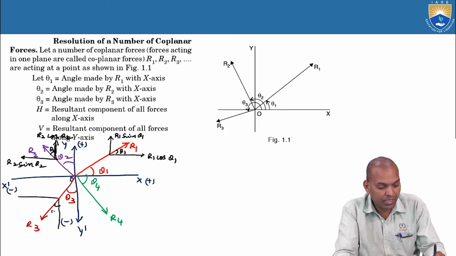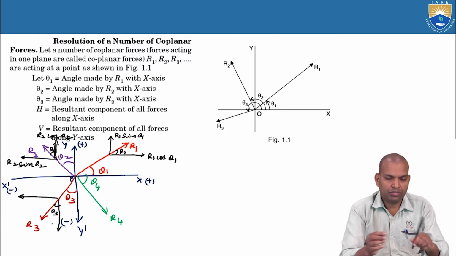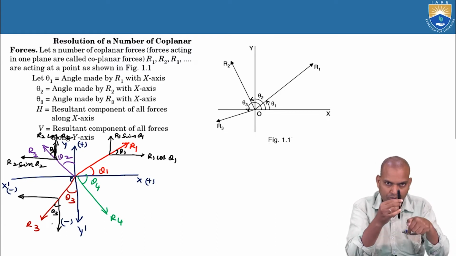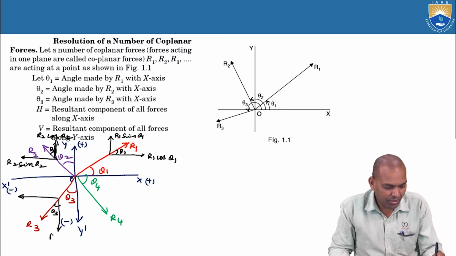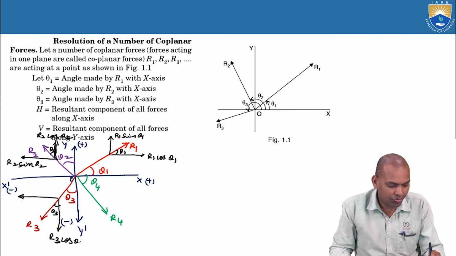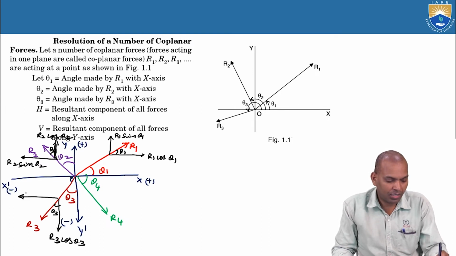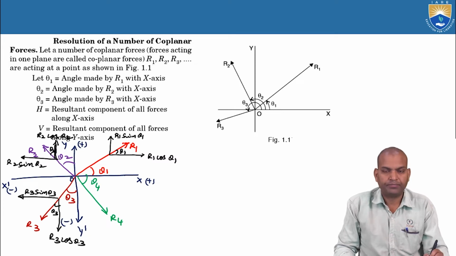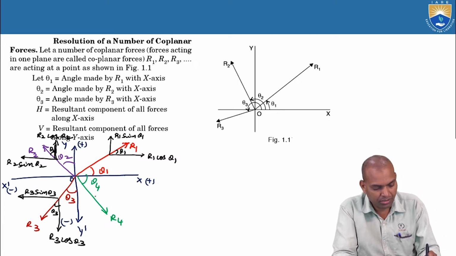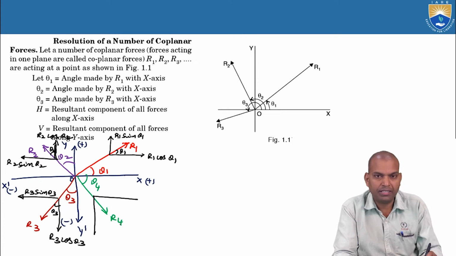Draw horizontal and vertical parallel lines for x and y. Here R3 is making theta 3 with the vertical. Now this component, turning vertically with that angle, becomes downwards. So this becomes R3 cos theta 3 vertical, and horizontal R3 sin theta 3. The next, draw horizontal and vertical lines.